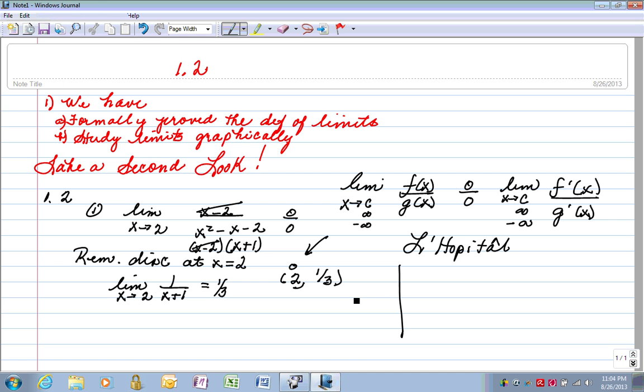Now consider what it would look like if you take your graphing calculator and you graph this, and here's a -1, when x is 2, the y value is very, very small. It's 1/3. So this would be the point at 2, 1/3.